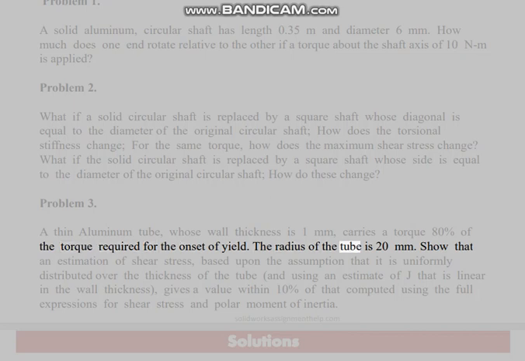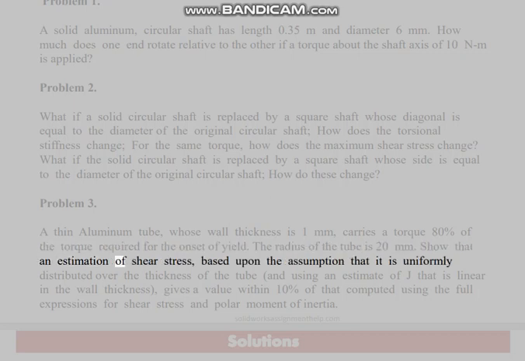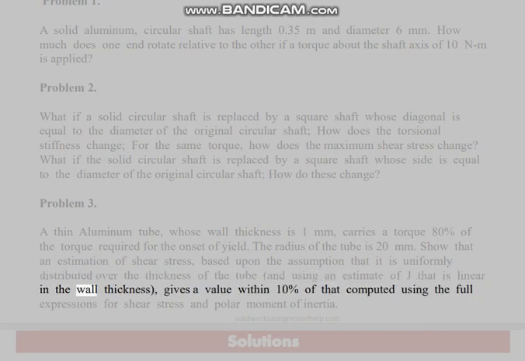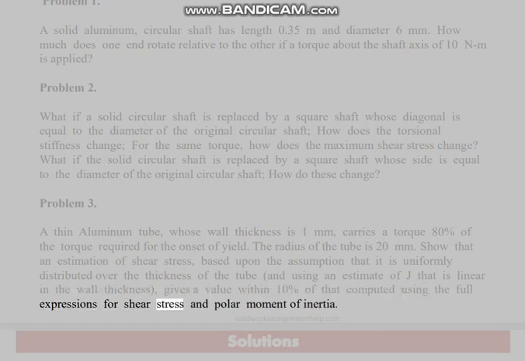The radius of the tube is 20 mm. Show that an estimation of shear stress, based upon the assumption that it is uniformly distributed over the thickness of the tube, and using an estimate of J that is linear in the wall thickness, gives a value within 10% of that computed using the full expressions for shear stress and polar moment of inertia.